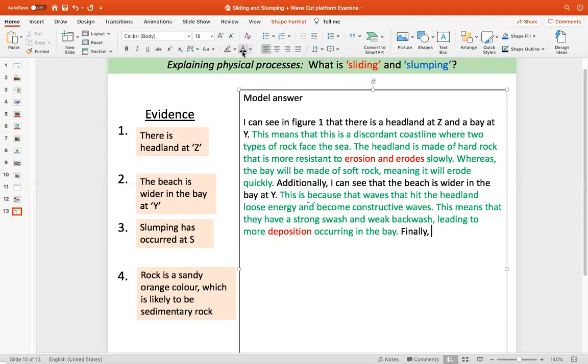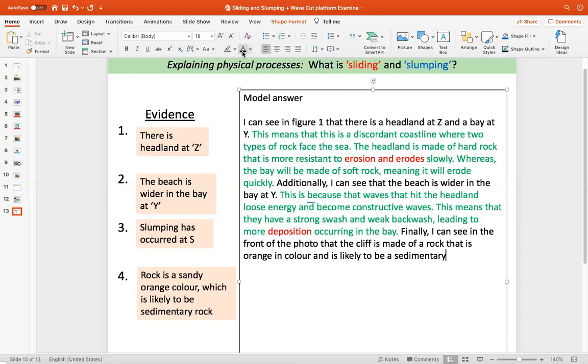Finally, keep using I can see. I can see at the front of the photo that the cliff is made of a rock that is orange in colour and is likely to be a sedimentary rock such as clay.